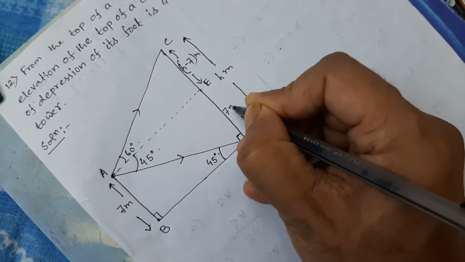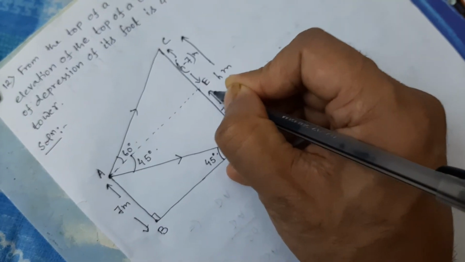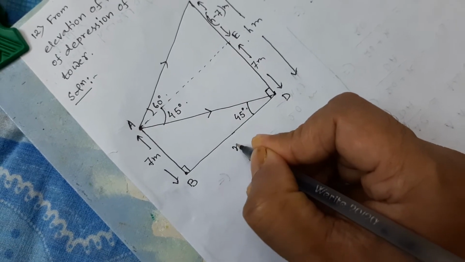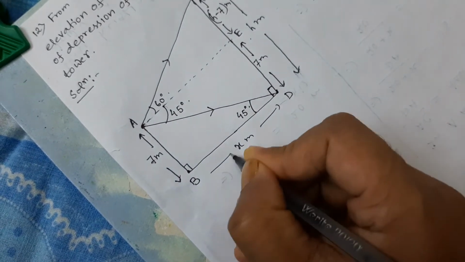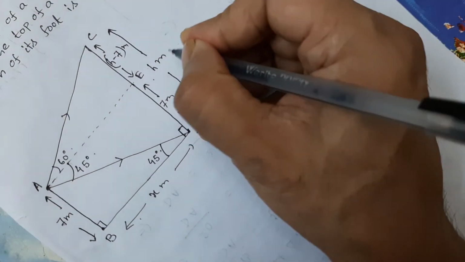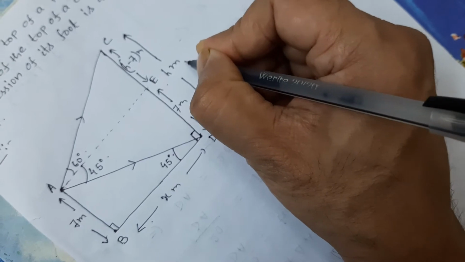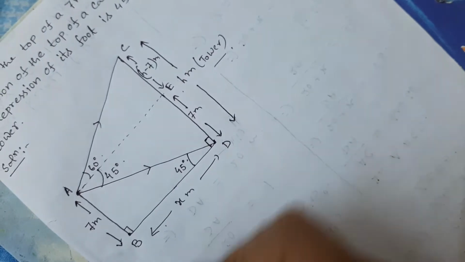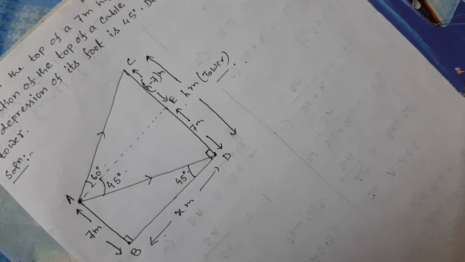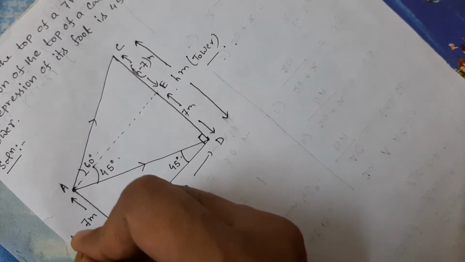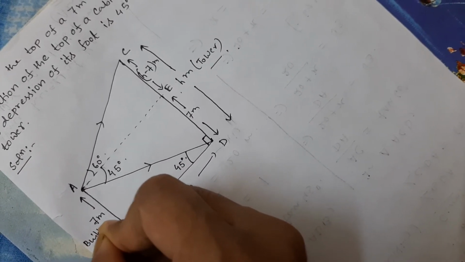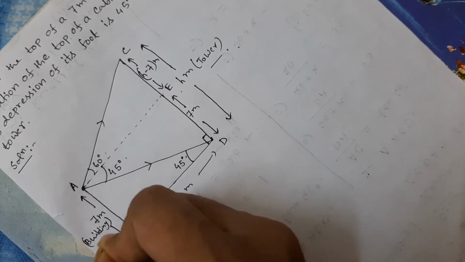Suppose the base is x meters. CD is the cable tower, and AB is the building.